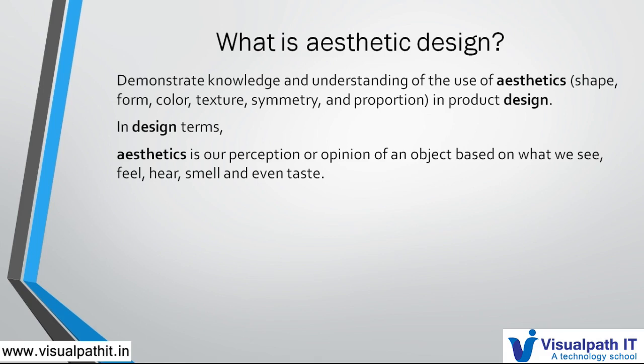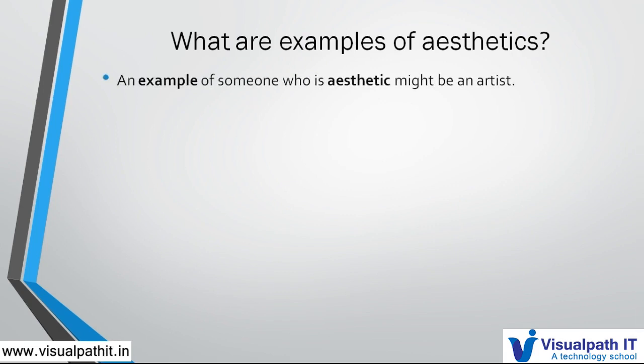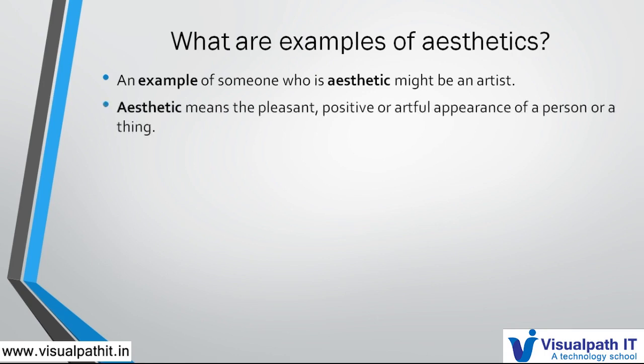So in design terms, aesthetic is our description or opinion of an object based on what we see, feel, hear, smell, and even taste. Now let's see some examples of aesthetics. An example of someone who is aesthetic might be an artist. Aesthetic means the pleasant, positive, or artful appearance of a person or a thing.